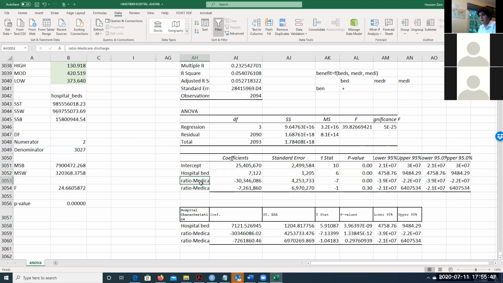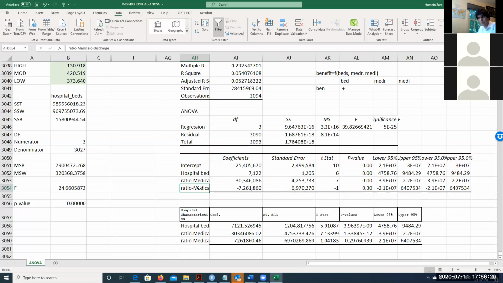The ratio for Medicare is negative. With a 1% increase in Medicare, you expect to see a $30 million loss in benefits. It is significant, but for Medicaid, it is still negative but not significant.